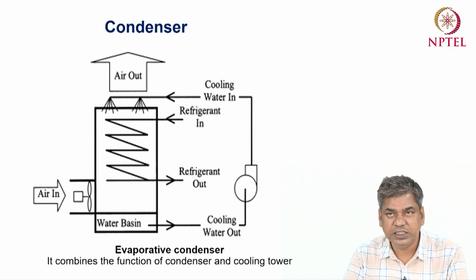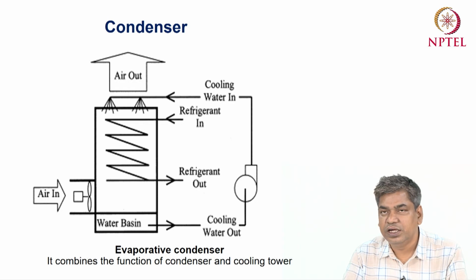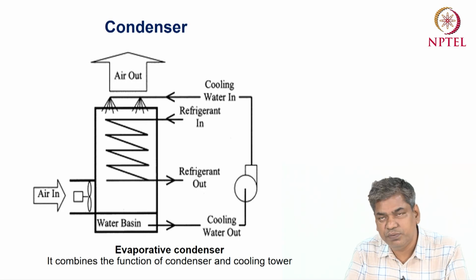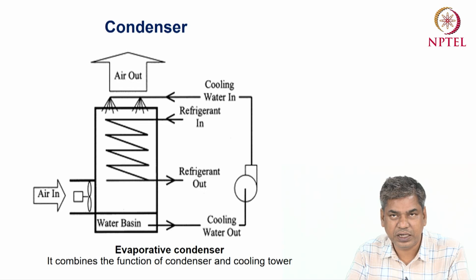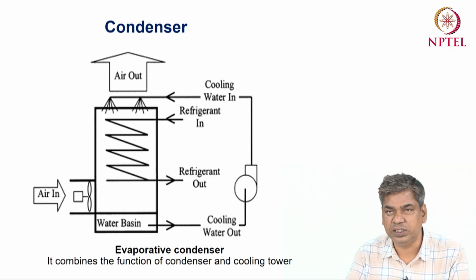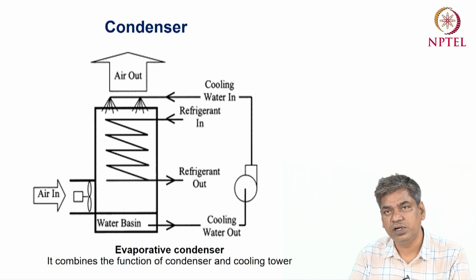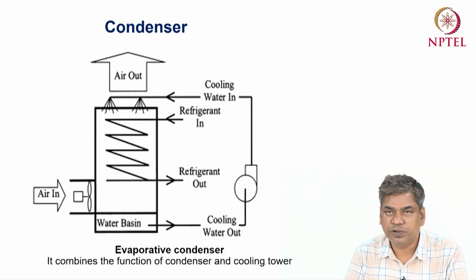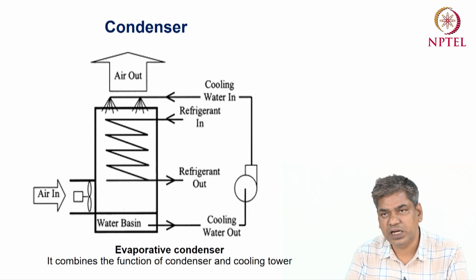So there is evaporation of the water, and also convection between the refrigerant and water, and also between the refrigerant and air. So this is a mixed type condenser, that means water cooled as well as air cooled. The effectiveness of this type of condenser is very good, and that's why this type of condenser is preferred for many medium scale applications.